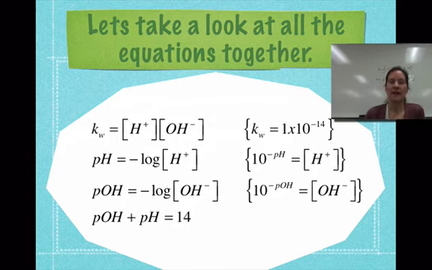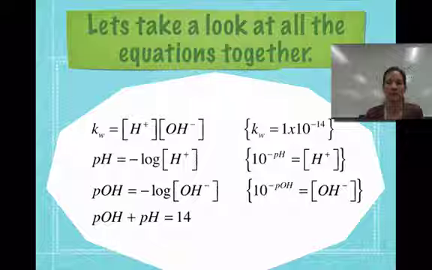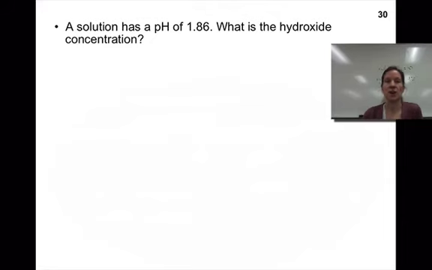Okay? And then we've got pH is the negative log, pOH is the negative log, and then 10 to the negative pH and 10 to the negative pOH. So if you see, these equations are very redundant. Okay, I'm able to list 6 different equations and 1 Kw number, but really it's like 3. Okay, we really have 3 main relationships, and then the pH plus pOH equals 14 relationship. So let's look at how all of these things are applied.